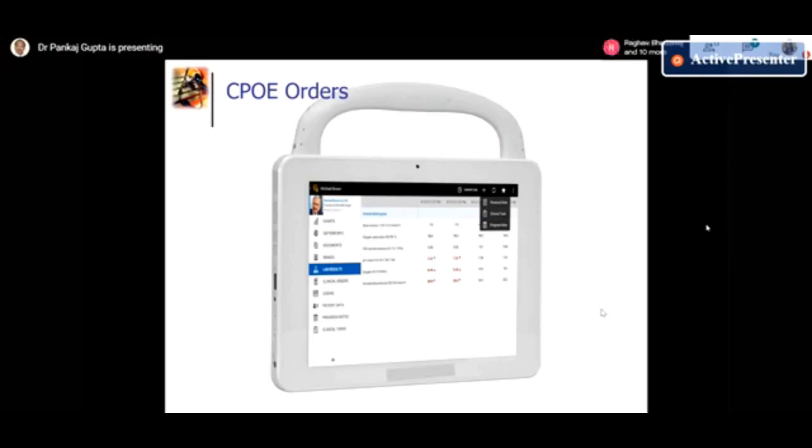Yes, sir, surely. Sir, I have one more simple doubt. This CPOE model, is it similar to the e-prescription that we are going with? So the e-prescription object, that's what you're talking about? Yes, sir. Okay, the e-prescription object is something we have designed for India. If you look at our Niti Aayog paper, there is no e-prescription object.